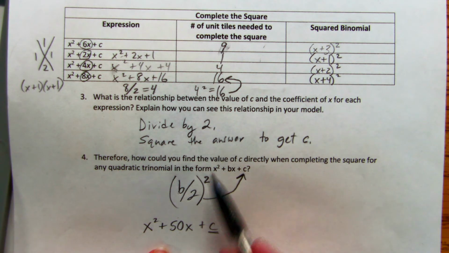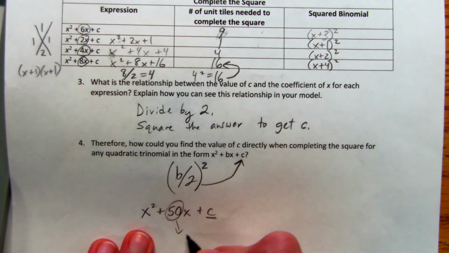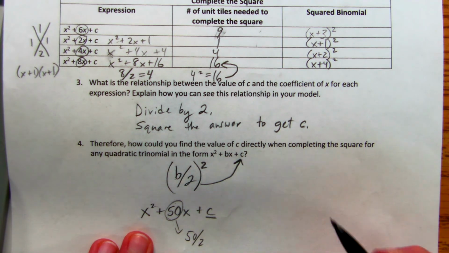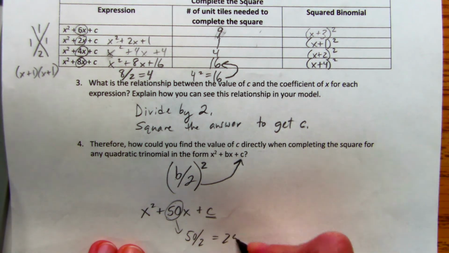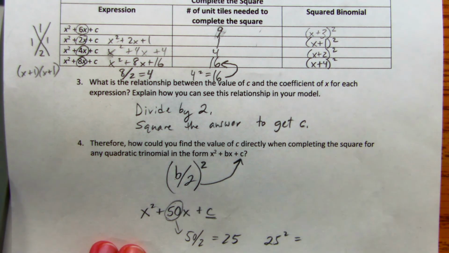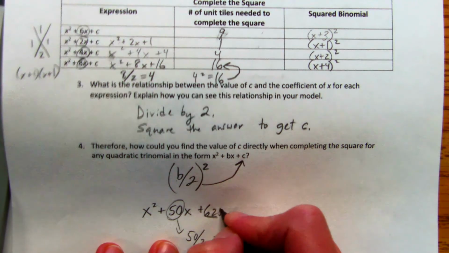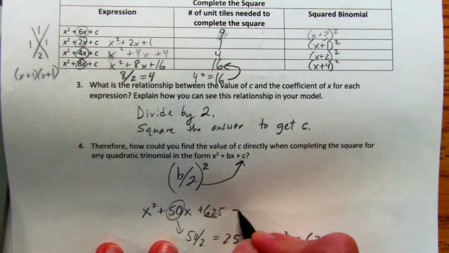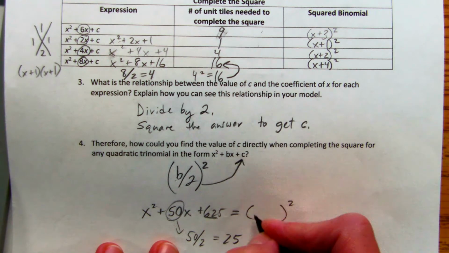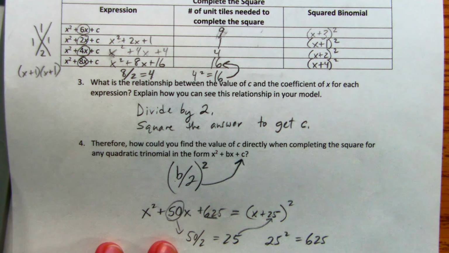But now that I've found this relationship, what I can do is just take this 50, and my steps are first to divide by 2, which gives me 25, and then I'm going to square 25. So 25 times 25, we get 625. And so then this C, the number that I need, is 625. And I can write that as x plus 25 squared, which is the number that comes from here.